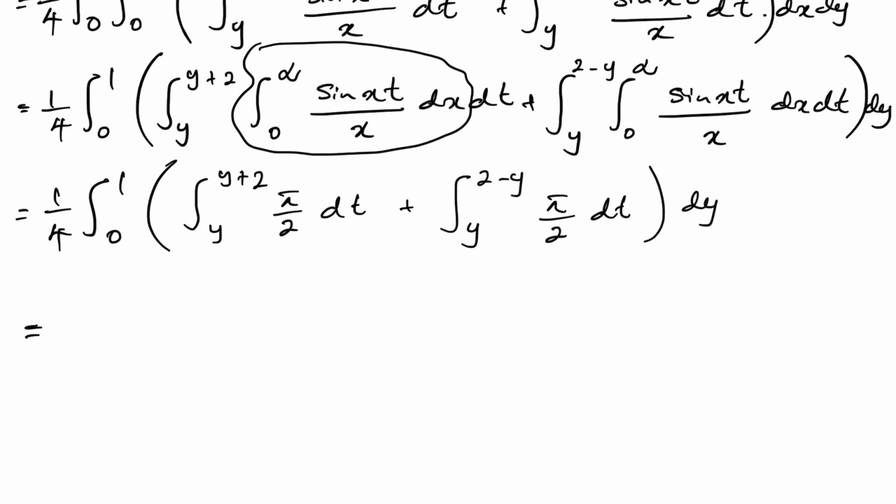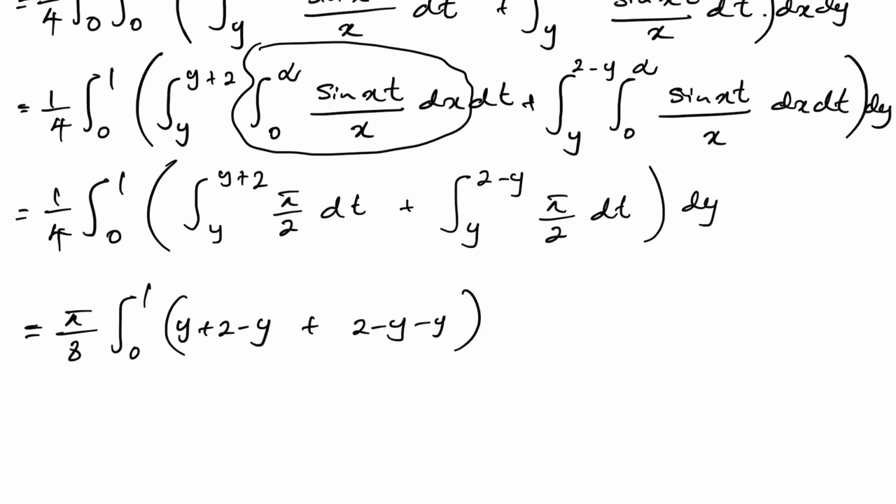Now pi over 2 is a constant, so we have pi over 8 integral from 0 to 1. Now if we integrate 1, we get t, and at the same time we plug in the boundaries. So we have (y plus 2 minus y) plus (2 minus y minus y) dy.